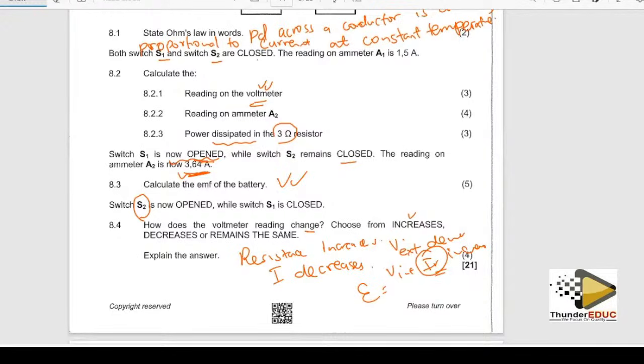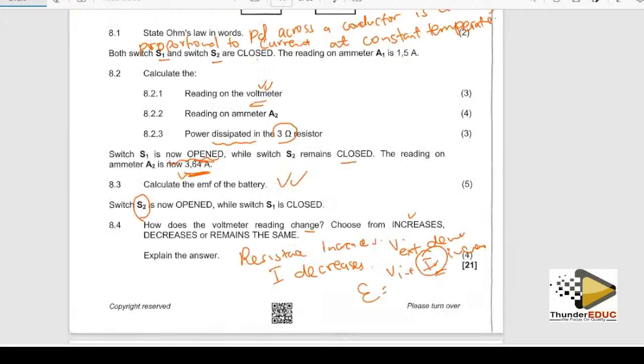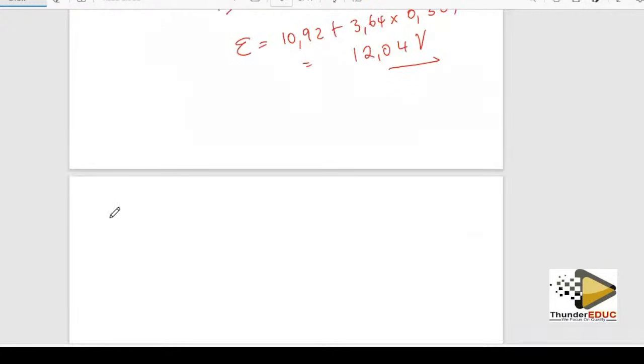Okay, let's answer the question. So we say this is 8.4, so we're saying it's going to increase.